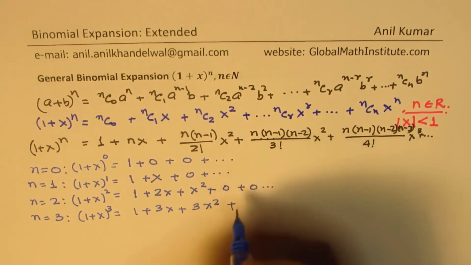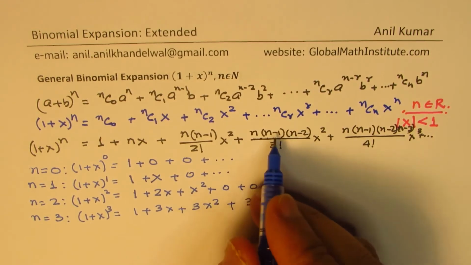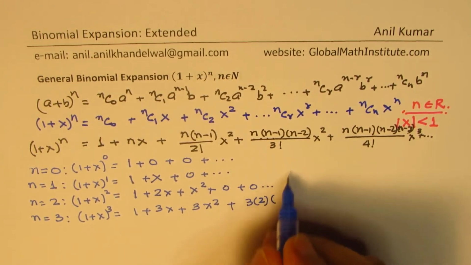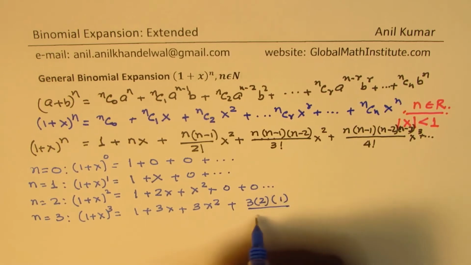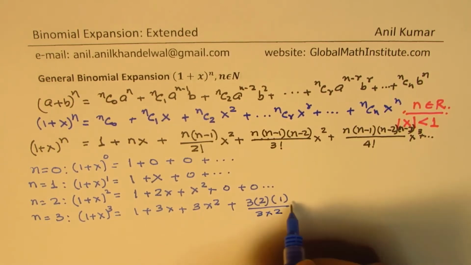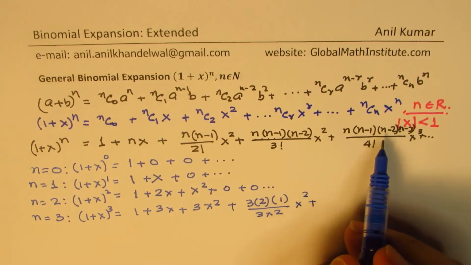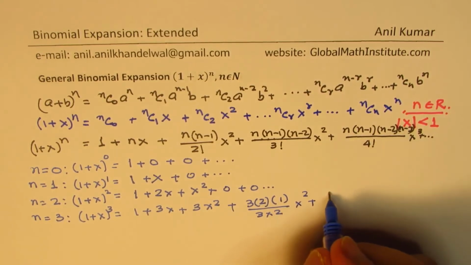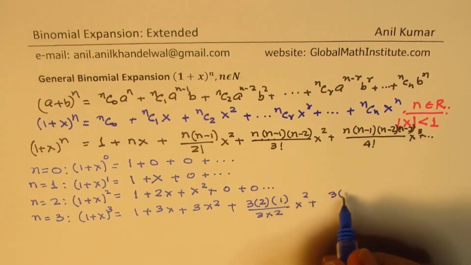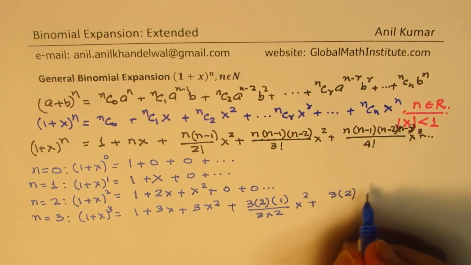So let me write down like this. 3 times (n minus 1) is 2, times (n minus 2) is 1, over 3 factorial, which is 3 times 2, x squared. Plus, when we substitute 3 here, we get 3 times 2 times 1 and (n minus 3) is 0.